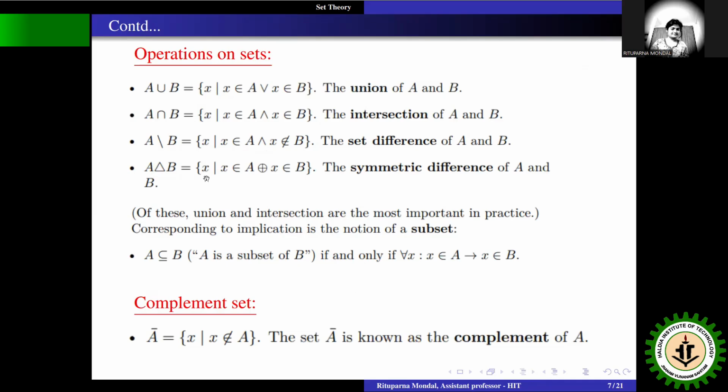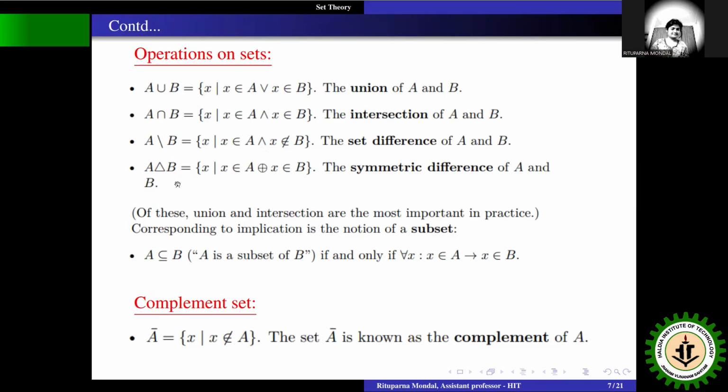Here, this is the symmetric difference of A and B. Symmetric difference means it contains the elements that are in either set A or set B, but not in both. So it contains the elements X in such a way that X belongs to A or X belongs to B, but not in both.